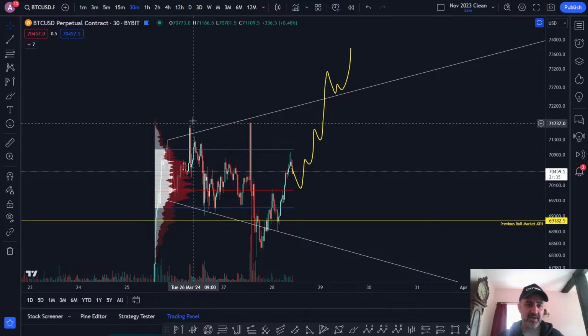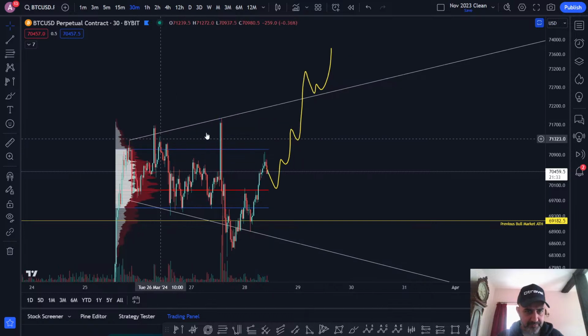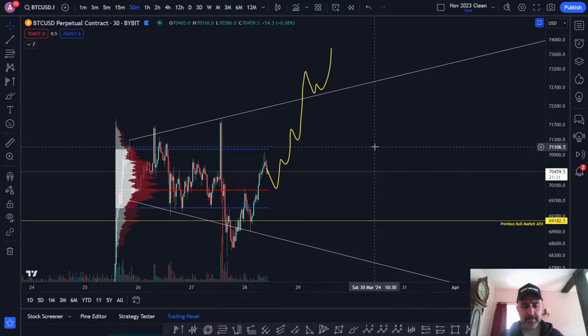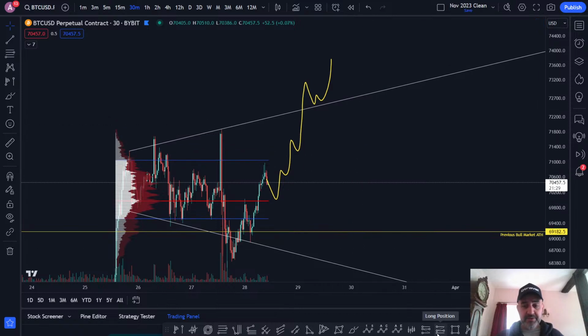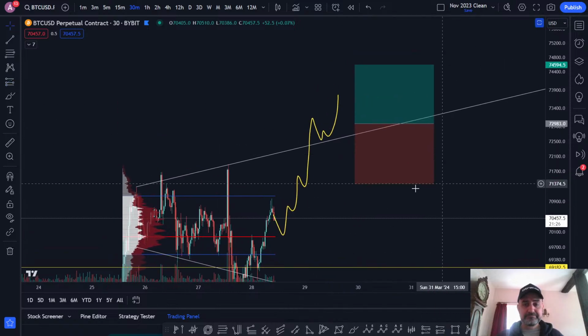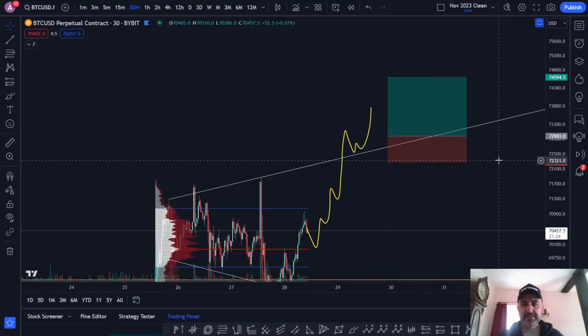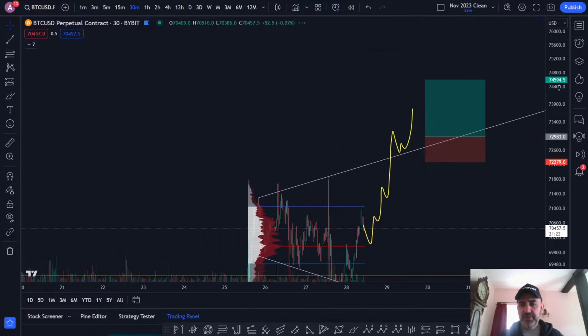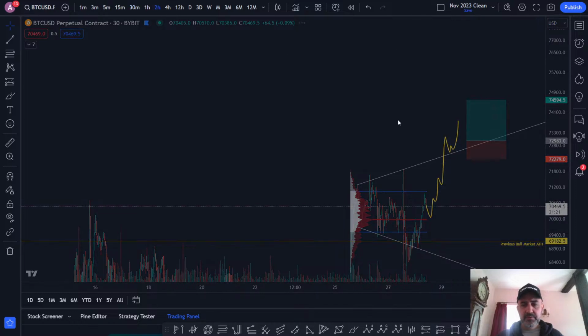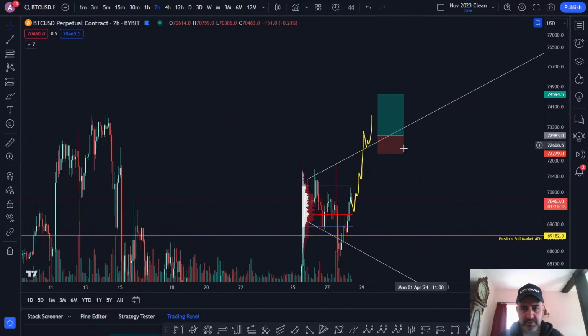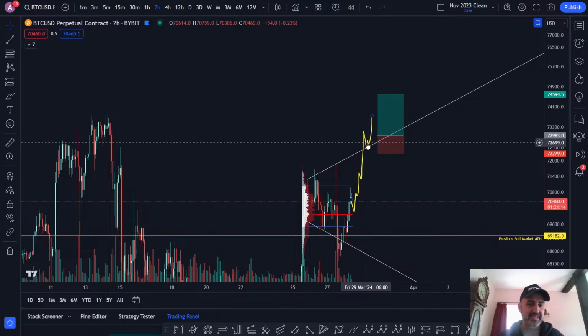Probably you can kind of ignore that one. I prefer the first one than this one. And then you could potentially long there. So you're long in the highs, basically. How would that look with the all-time high? Let me have a look. Okay. So you're potentially longing the breakout, the back test of the breakout, and then you're attacking the all-time high.